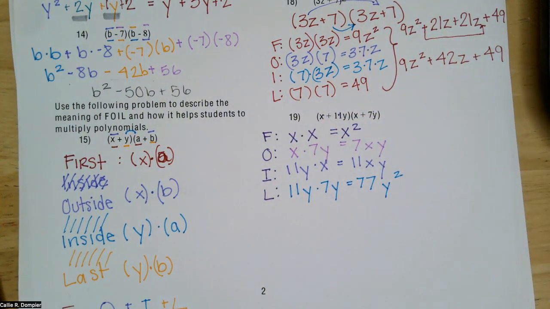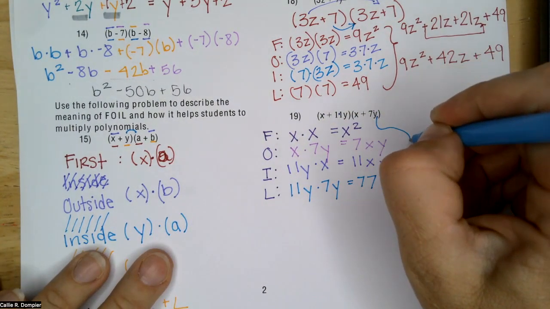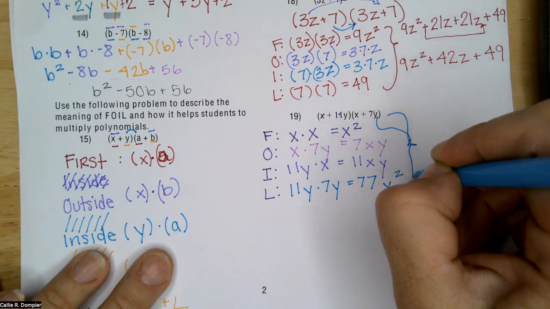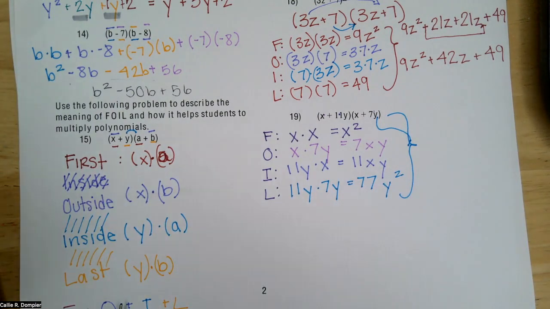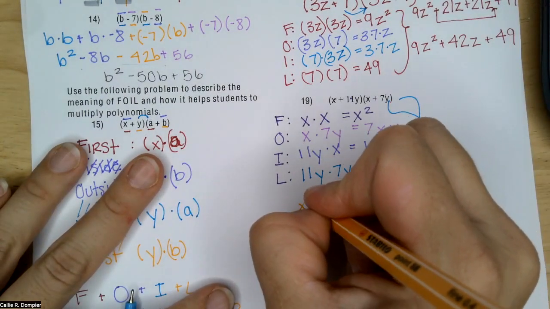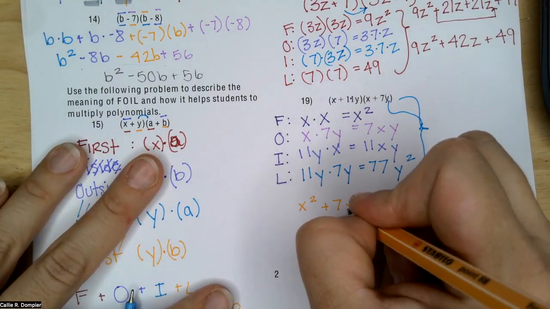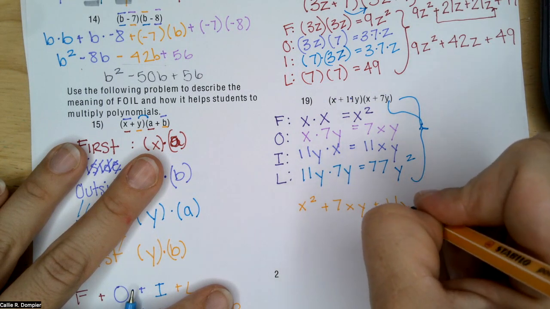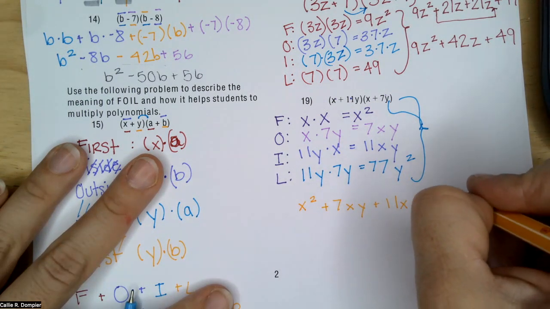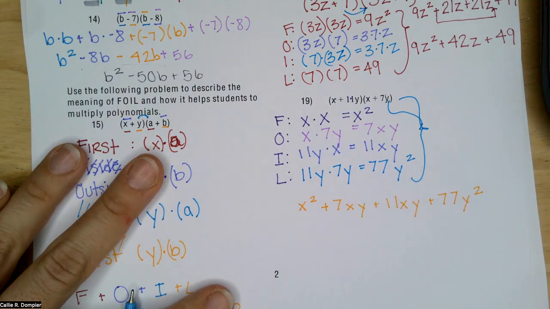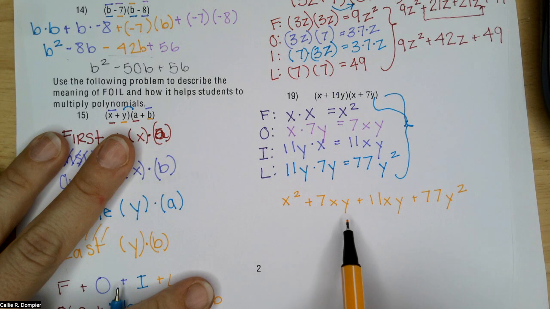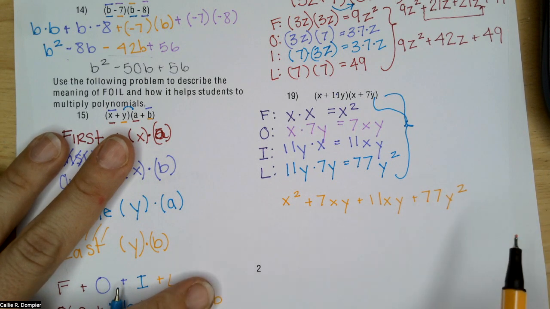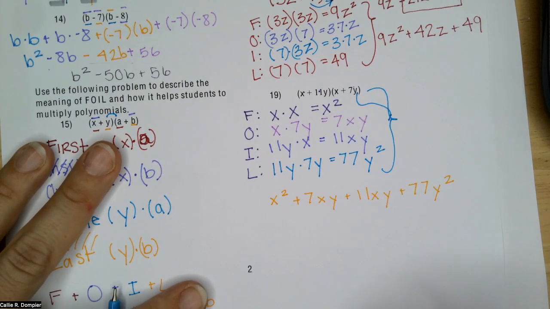Okay? Now we put all of these together and we get x squared plus 7xy plus 11xy plus 77y squared. These are all degree two, so you don't need to change the order. You can if you want, but you don't have to.